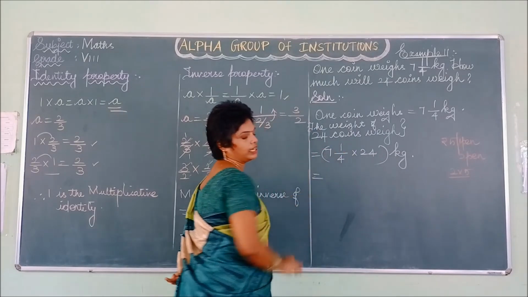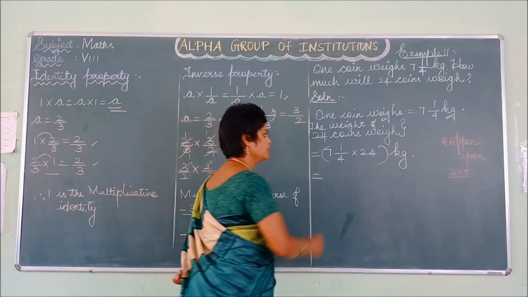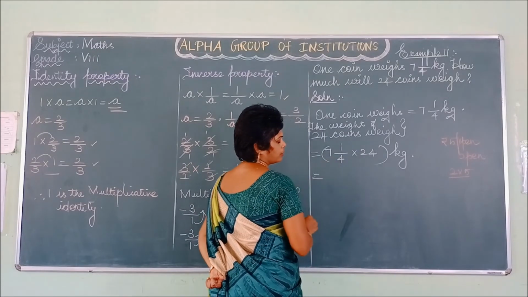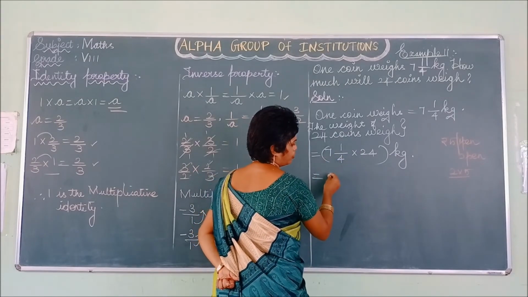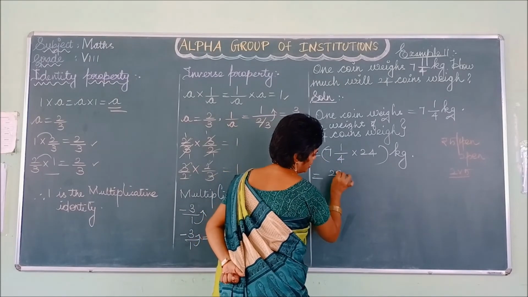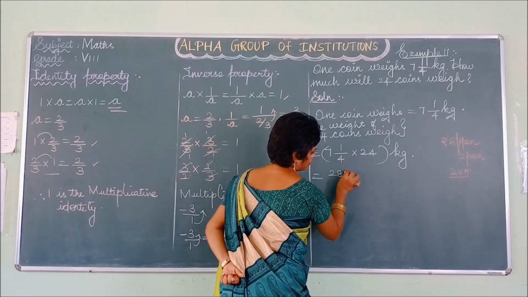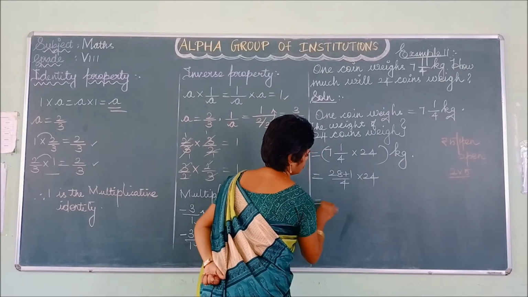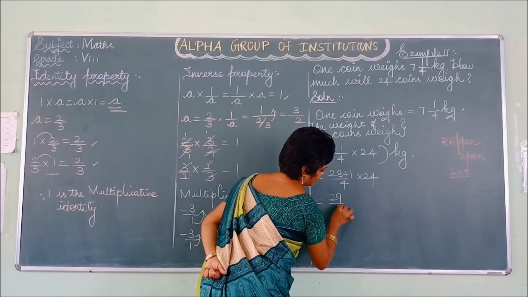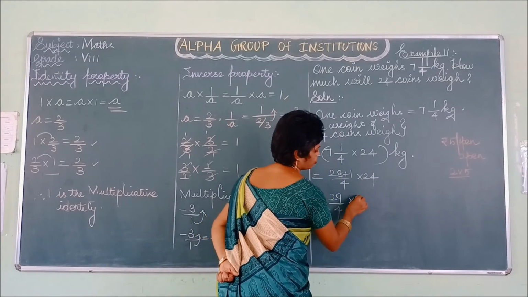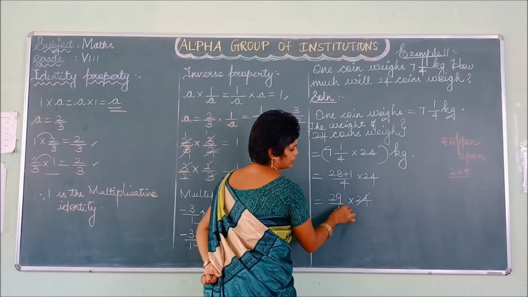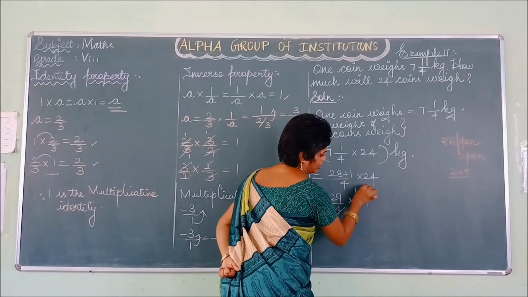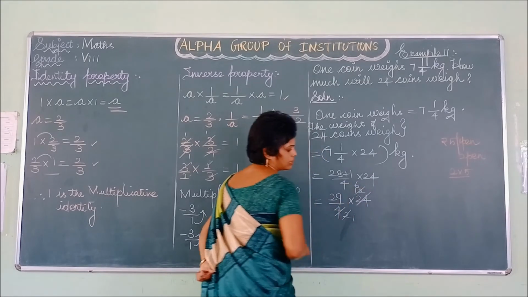First you have to rearrange the mixed fraction as a fraction. 7 4s are 7 into 4 is 28, plus 1, divided by 4, into 24. So what is the value? 29 divided by 4 into 24. Cancel: 2 times, 12 times, then 1 time, 6 times.